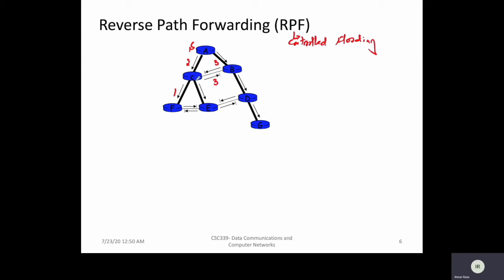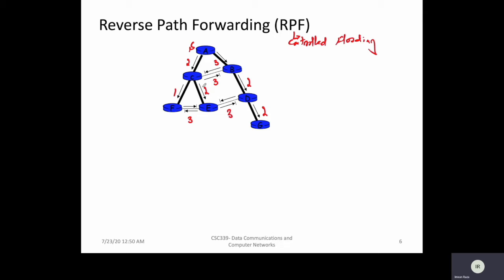The cost from C to E is 2. The cost from E to F is 3. And similarly, let's assume that the cost from B to D is 2, the cost from D to G is 2, and the cost from D to E is 3.